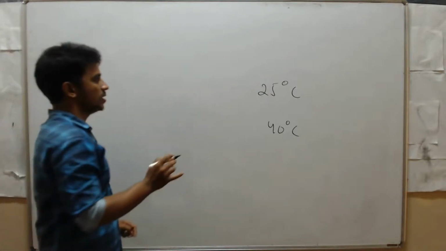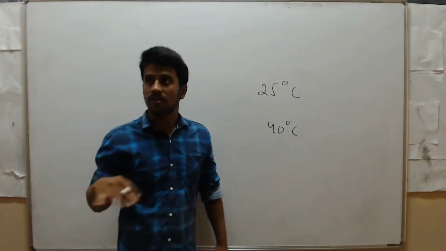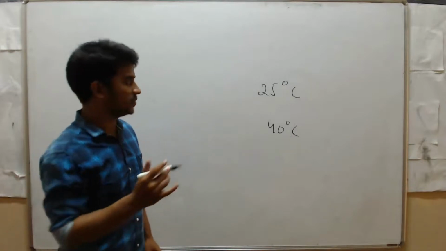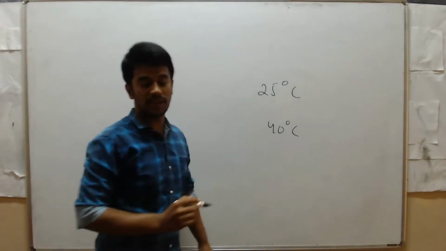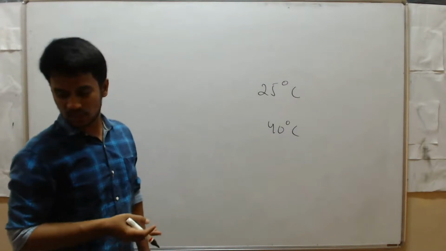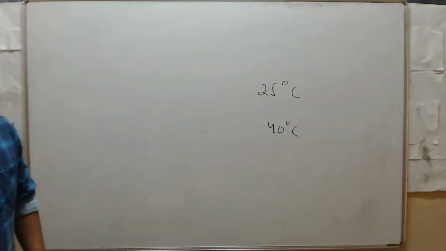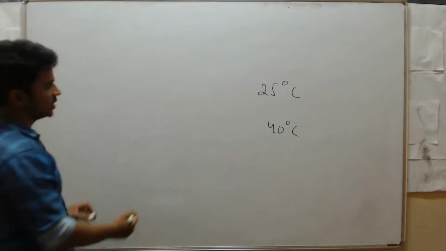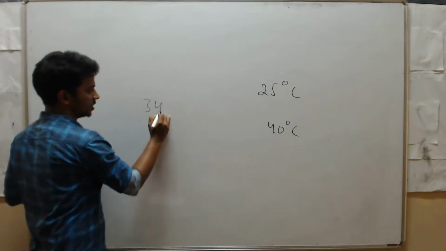For example, just imagine this room. The room temperature of this class is 25 degrees Celsius. Here I will produce a sound, and the speed of that sound is say 346 meters per second.